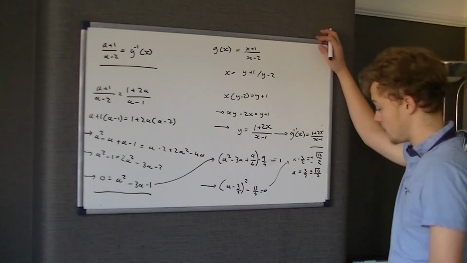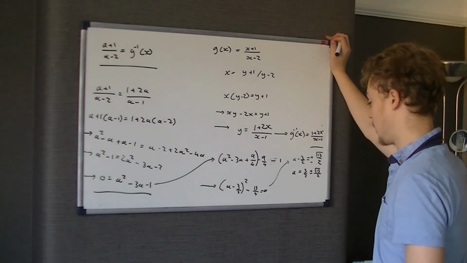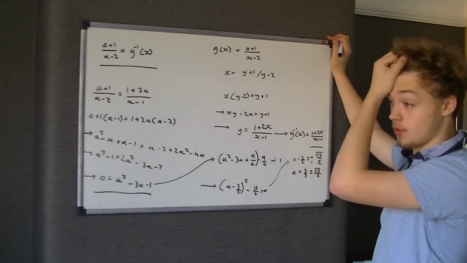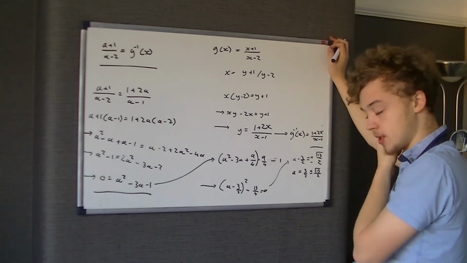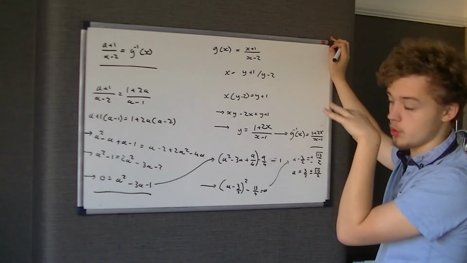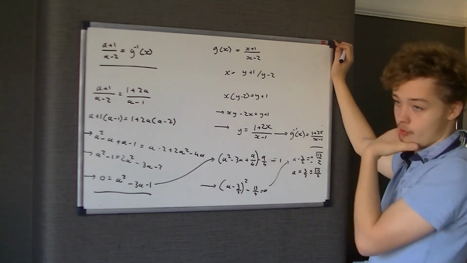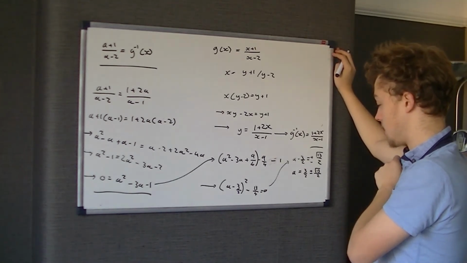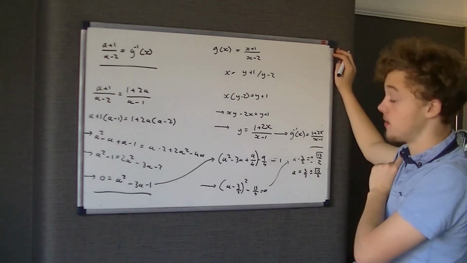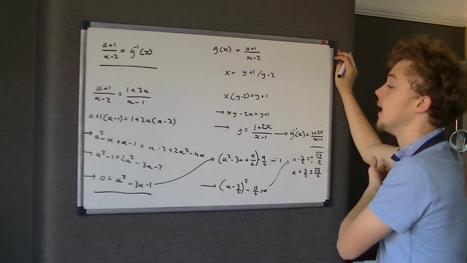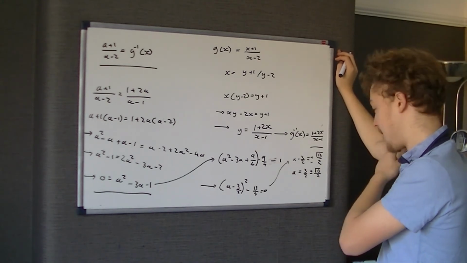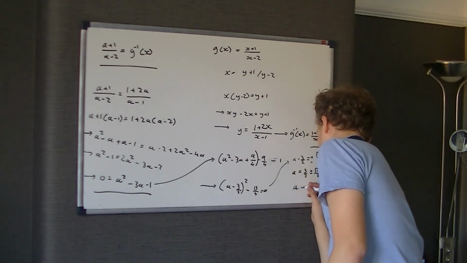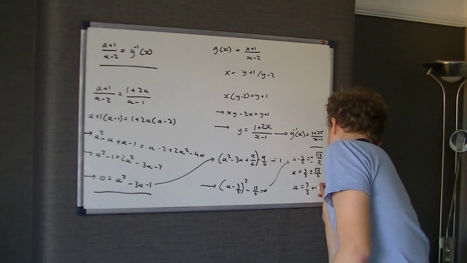Now, to work out what root 13 is without a calculator, well, actually, you could put it in your calculator, but, you know, root 13, because root 9 is 3, and root 16 is 4, it's going to be about halfway between 3 and 4, so it'll be 3.6 something over 2, that's going to be about 1 point something, and 3 over 2 is 1.5, so if a has to be larger than 3, 1.5 take away anything is obviously going to be less than 3, so it can't be 3 over 2 take root 13 over 2, so therefore it must be, even if you worked it out, a is 3 over 2 plus root 13 over 2.